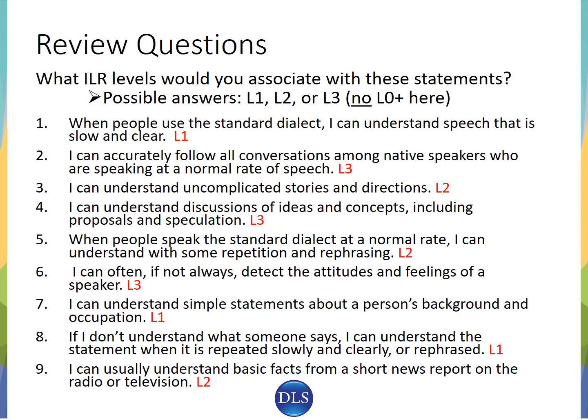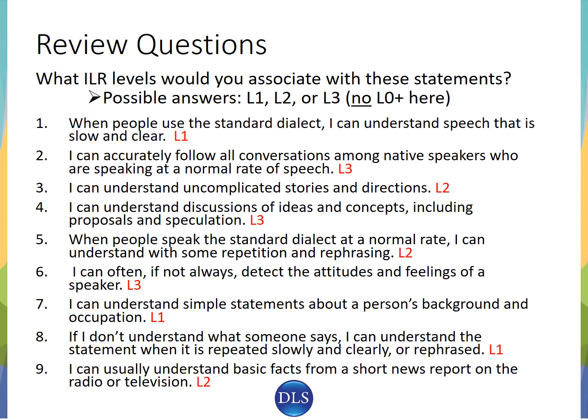They are a typical level 2. Statement 4 mentions discussions of ideas and concepts or extended discourse, which is a level 3 ability. The fifth statement understands the standard dialect at a normal pace, but may need some repetition or rephrasing, which places this learner at a level 2.